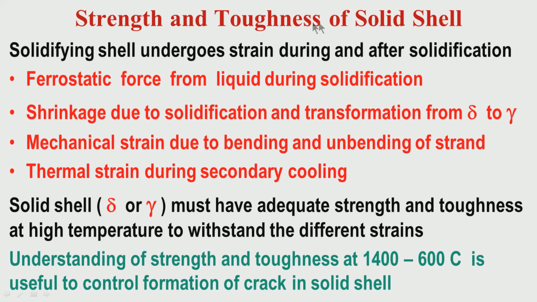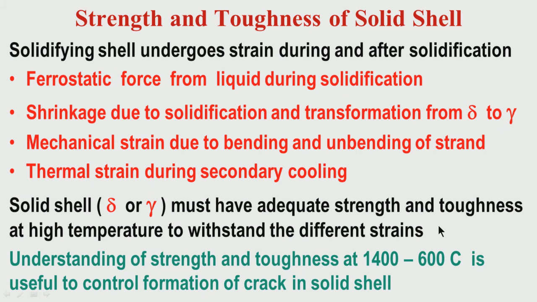So that is why strength and toughness of solid shell is very important. So solid shell, whether it is delta or gamma, when the solidification is through delta, you have delta, finally it will transform to gamma. So during solidification, whether it is delta or gamma, must have adequate strength and toughness at high temperature to withstand the different strains, as I have mentioned to you.